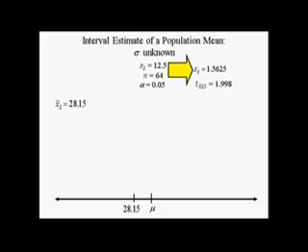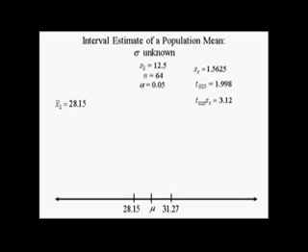The second estimated margin of error is equal to the t-value times the estimated standard error, which equals 1.998 times 1.5625, or 3.12.